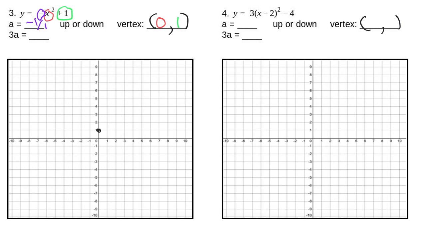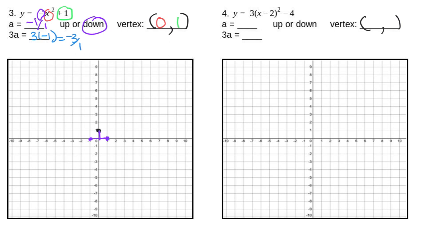That is going to be up 1. And then we have a negative a value, so we're opening down. That means we're going to go down 1 to the right 1 and down 1 to the left 1. And then for the next step, we are going to do 3 times -1, so that's -3, and we can think of that over 1.